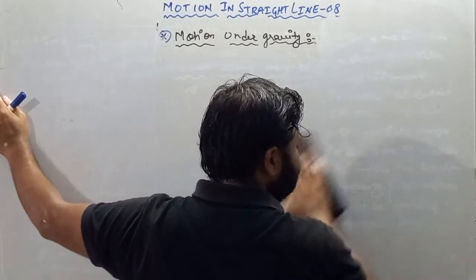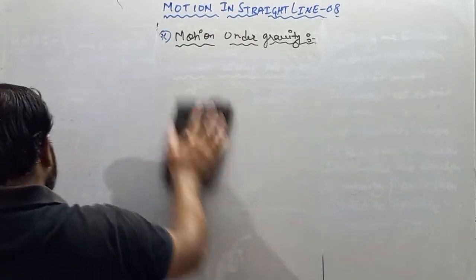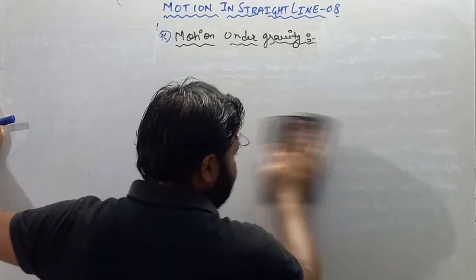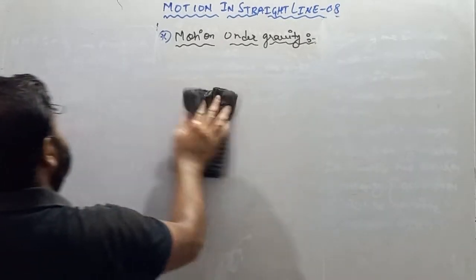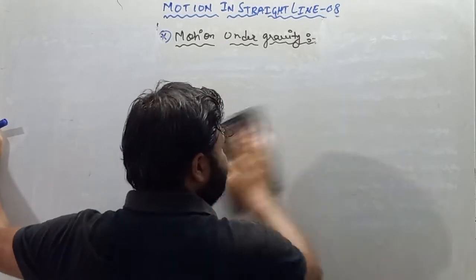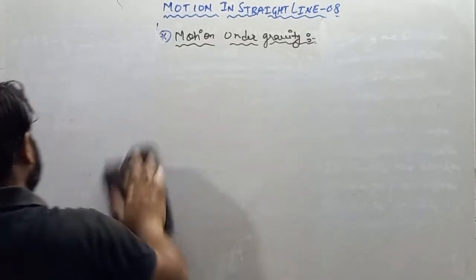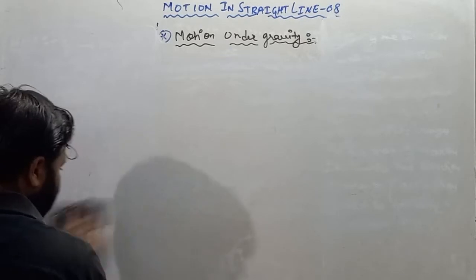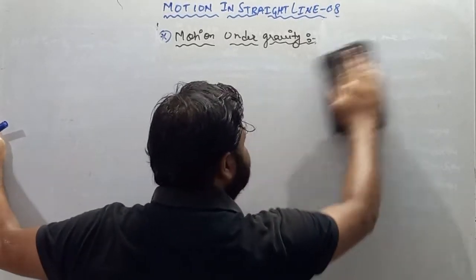approximately equal to 10. If you want to take its actual value, then its actual value is 9.8 meter per second square. See, meter per second square is the SI unit of acceleration. That's why g is said to be acceleration due to gravity.